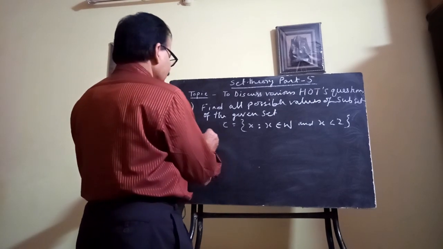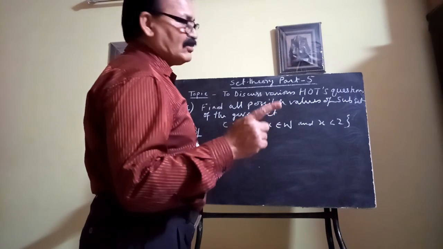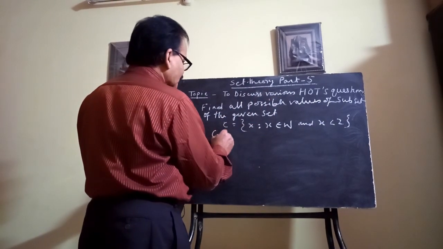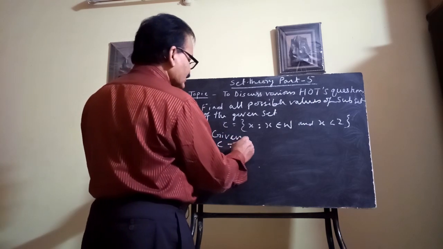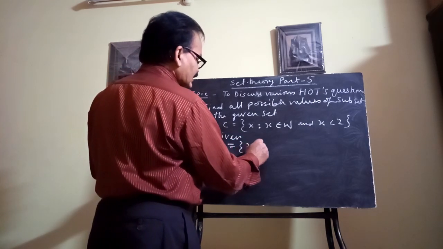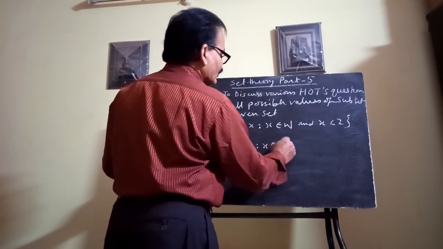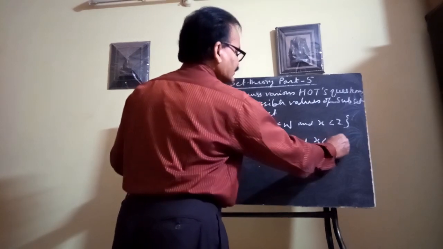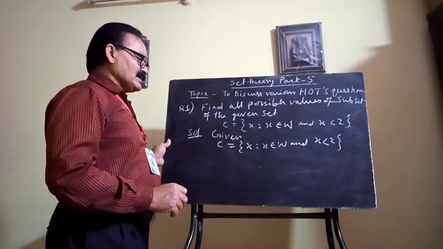So here is your solution, because you have to find all the possible subsets. Given C equal to x such that x is an element of whole number and x is less than 2. This is written in set builder notation, or rule builder notation.